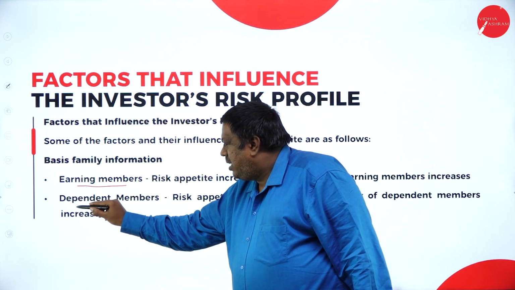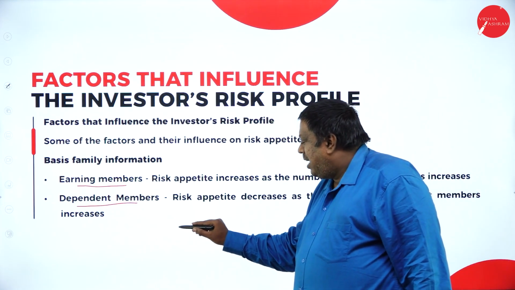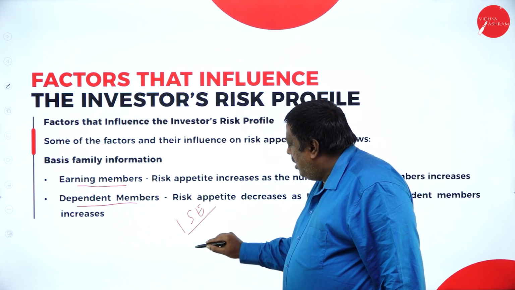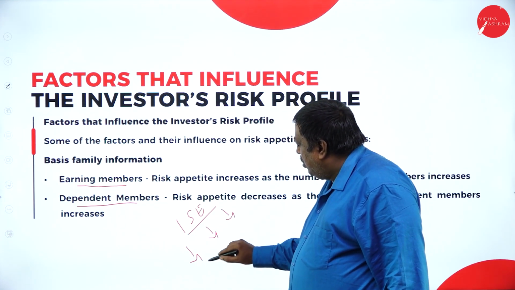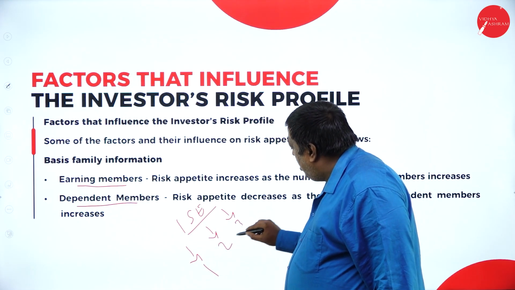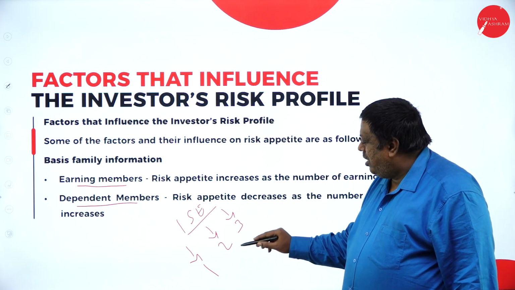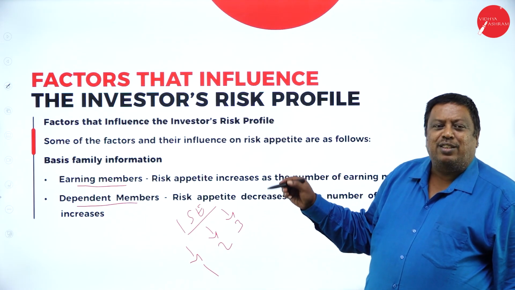And as I said, how many dependent members are there in my family. For example, if I'm the sole earner here, with my spouse, my children and my parents: one spouse, 2 children and 3 parents, my in-laws as well as my parents.